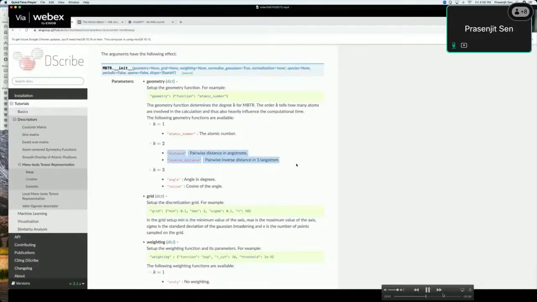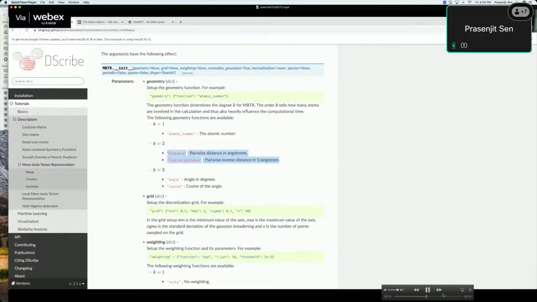So this is a later addition. And note that although we are talking of k equal to 1, k equal to 2, k equal to 3, you never set k explicitly in your script.